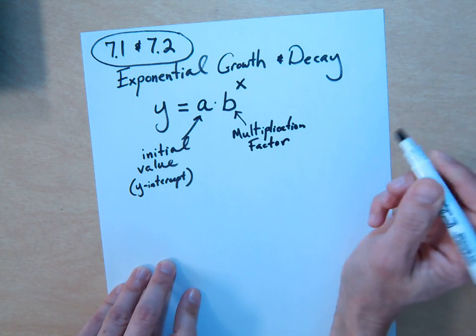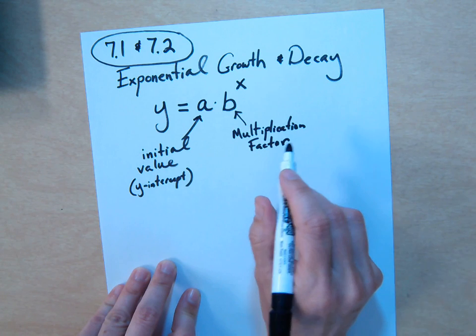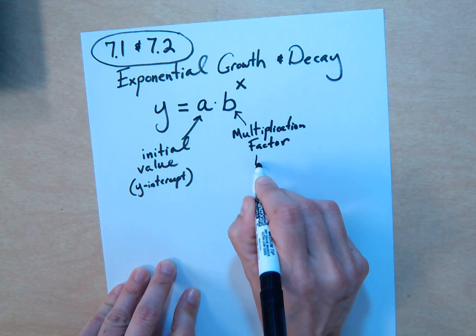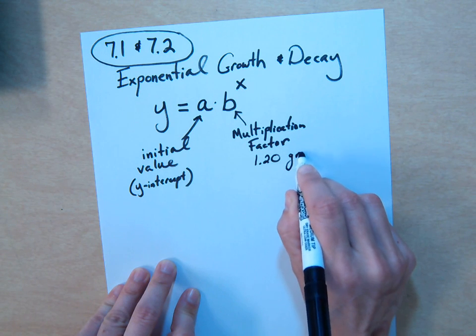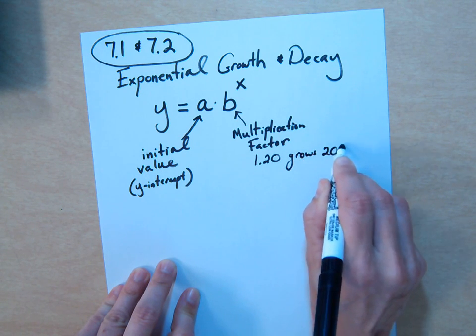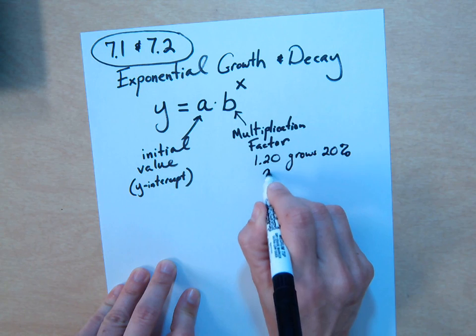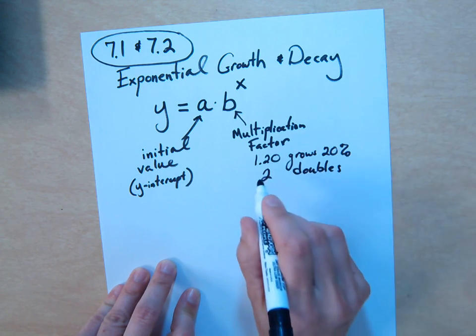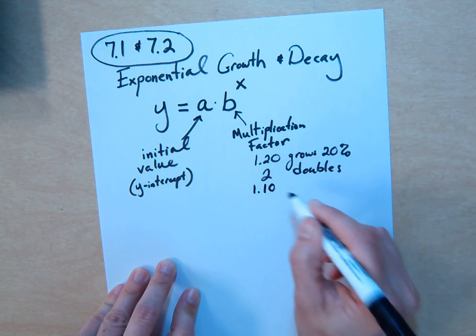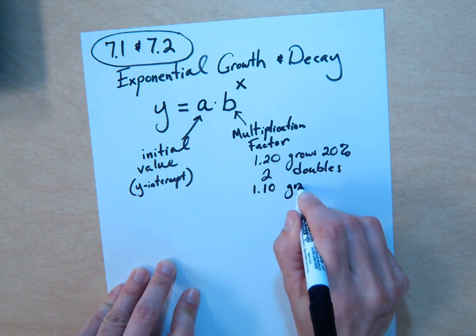That's how much it's growing by. So for example, if it were 1.20, that's for a problem where something grows 20% each time. If it were like 2, that means it doubles each time. If it were like 1.10, that's your growth factor. It grows 10%.